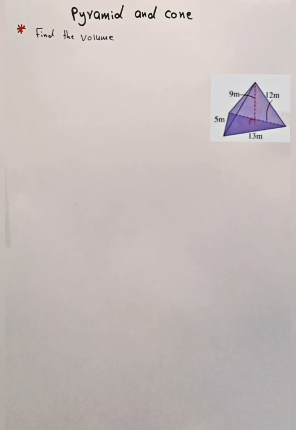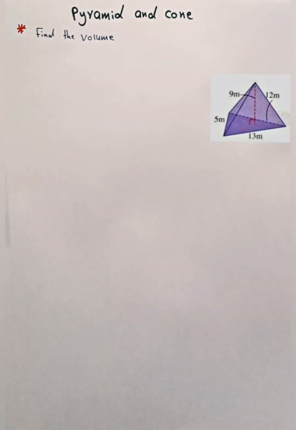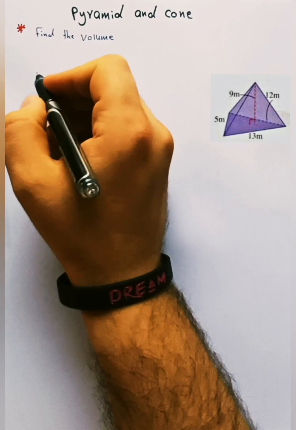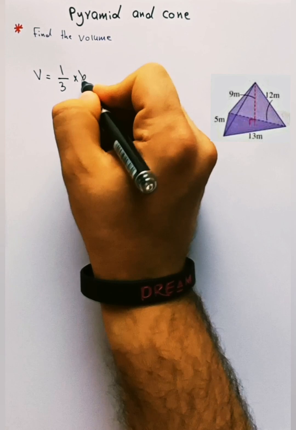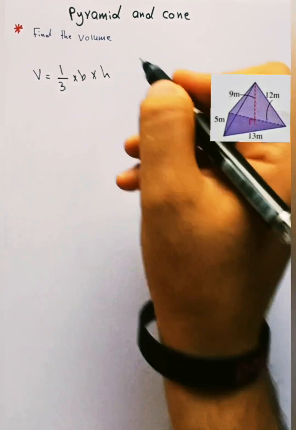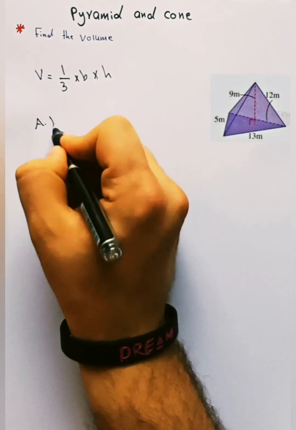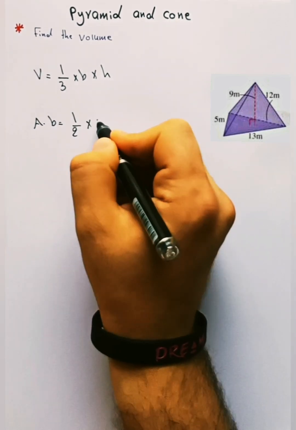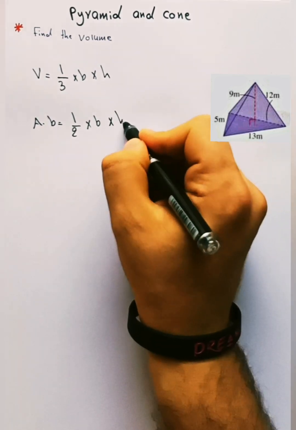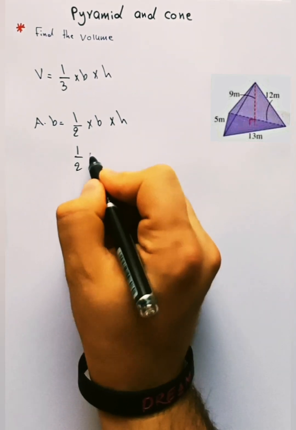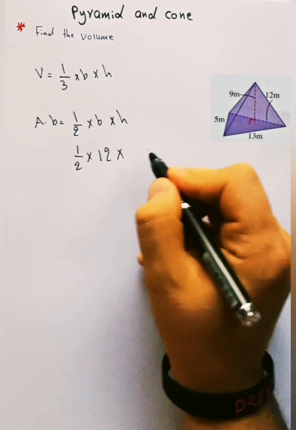After that, in this example, you have to find the volume for this pyramid. So the rule for volume is 1 out of 3 multiplied by the area of the base multiplied by height. The area of the base is a triangle, so the area for a triangle equals 1 out of 2 times base of the triangle times height of the triangle. So 1 out of 2 times the base of the triangle is 12 and the height is 5.